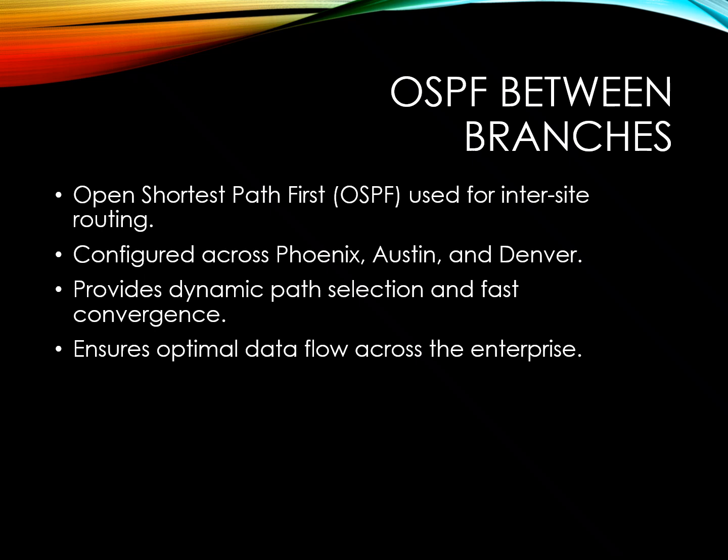If a link fails, for example between Phoenix and Austin, OSPF immediately reroutes traffic through the next best available path. This ensures that our remote branches stay connected without interruption. It's a cornerstone of our reliability.